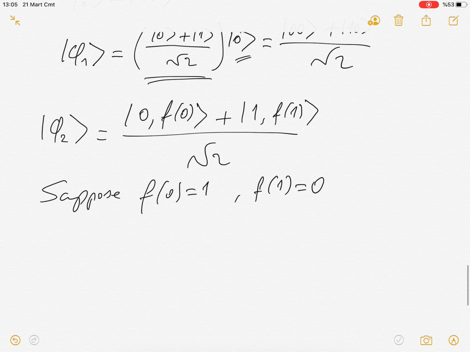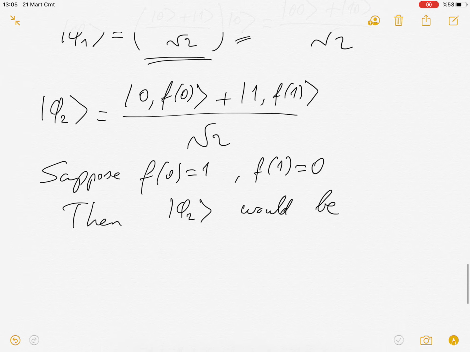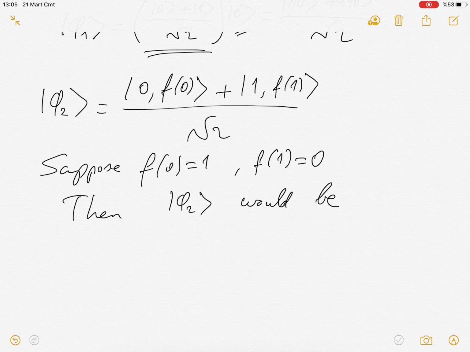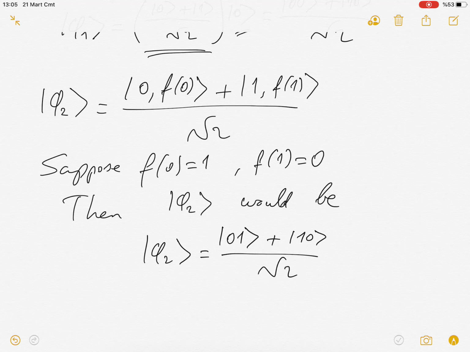If f was defined in that way, then the state phi 2, rewriting it, will be basically (|01⟩ + |10⟩)/√2.